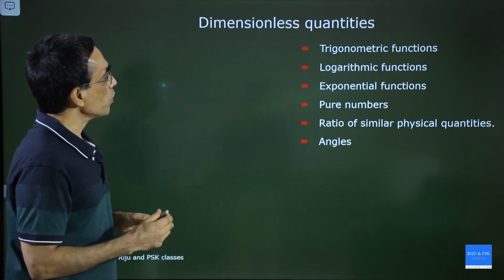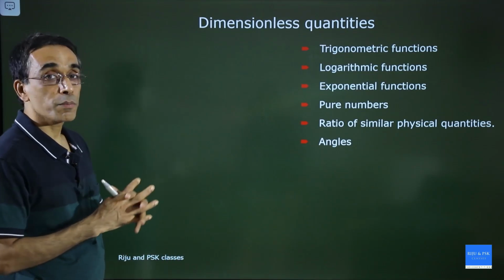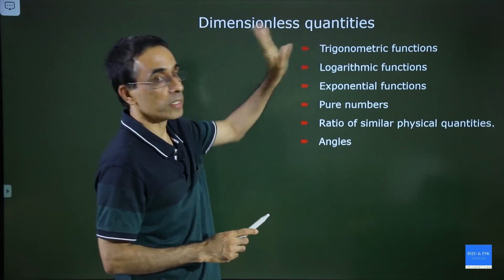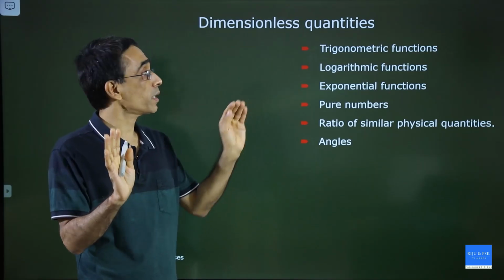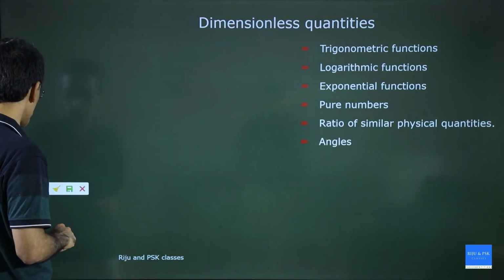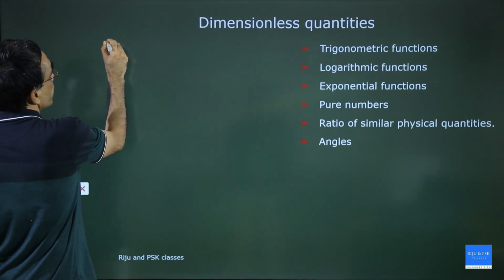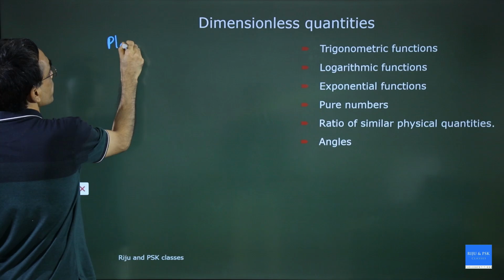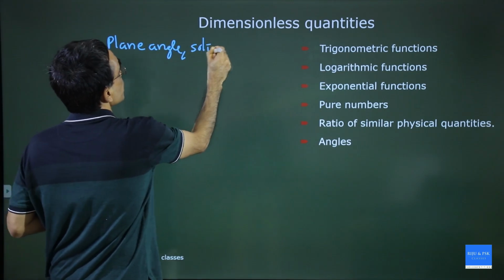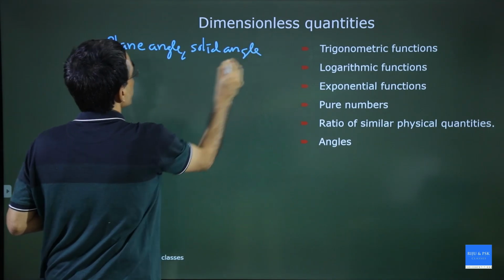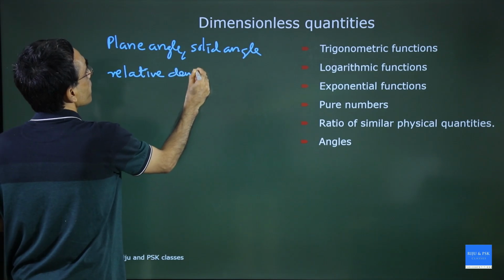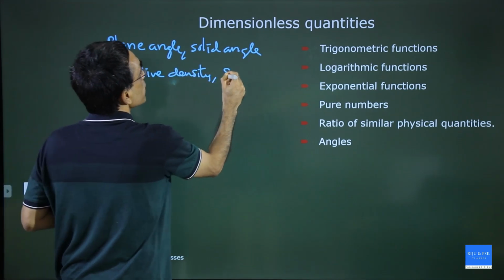Fine. Now, this is something important to solve many questions. It's called dimensionless quantities. I have already told you about dimensionless quantities. There are some quantities which have no dimension. I told you plane angle, then solid angle, then relative density, then strain.